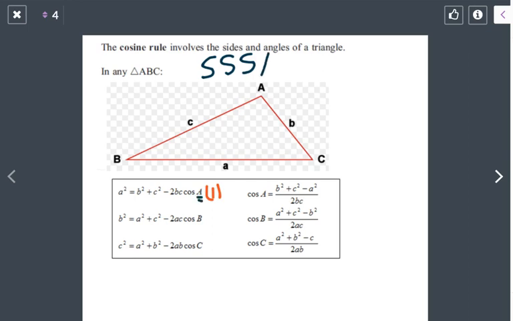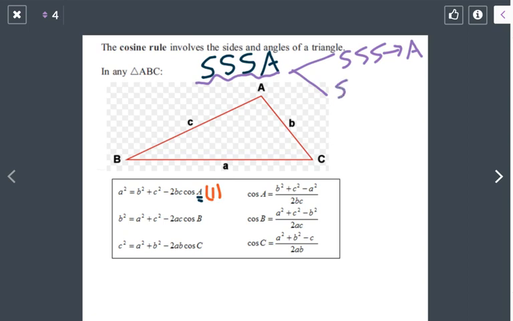I have one angle. So whenever any three of those variables are given, then you can use cosine law. For example, if you are given three sides, definitely you have to use cosine law to find the angle.